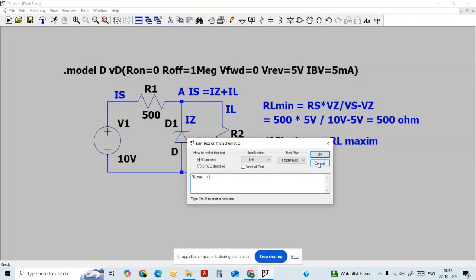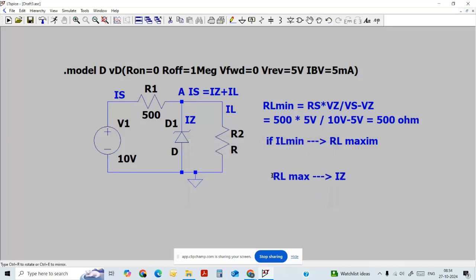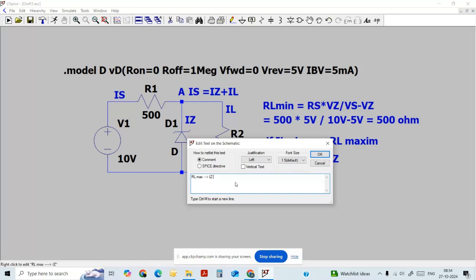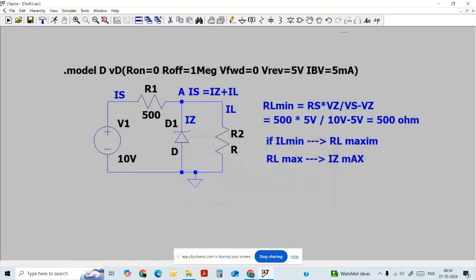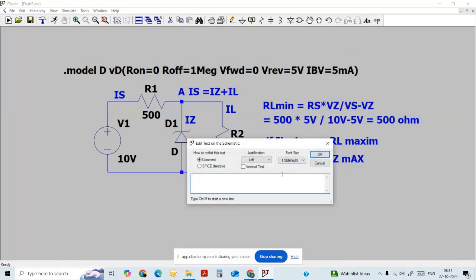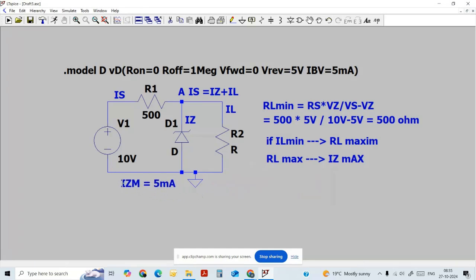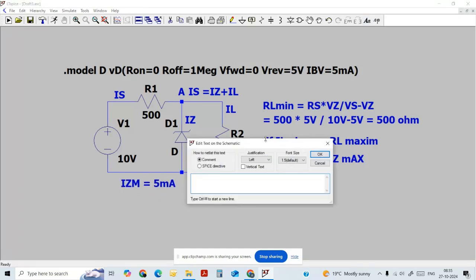When RL is maximum, the current flowing through the IZ is also maximum. So we can conclude the maximum current through the IZ is IZM, which is equal to 5 milliamps, and the Zener breakdown voltage VZ is equal to 5 volt.